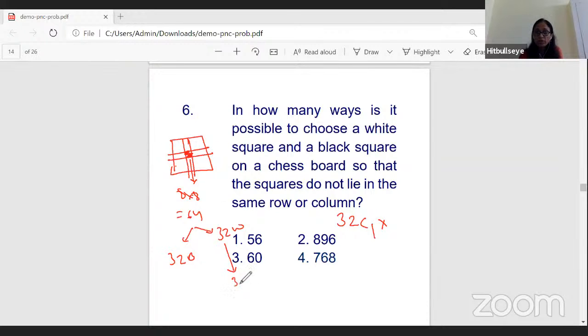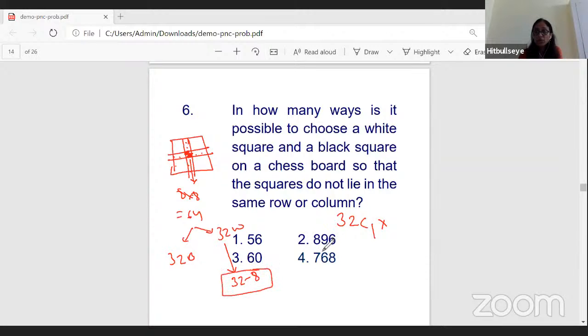So 8 will be reduced from my choice. Why? Because the 4 white in this column and the 4 white in this row will not be allowed to be selected. So the selection of white will not be from 32, it will be from 32 minus 8.